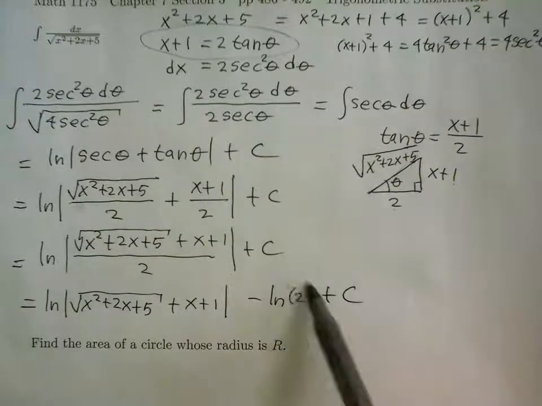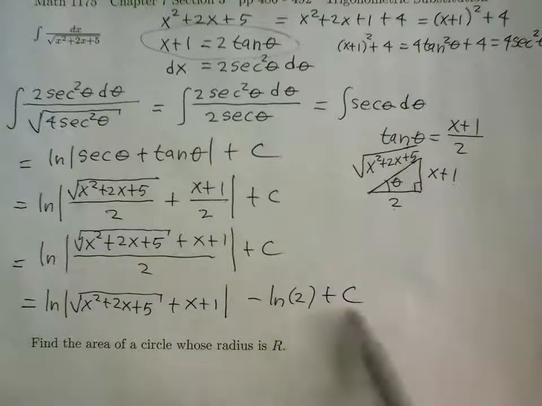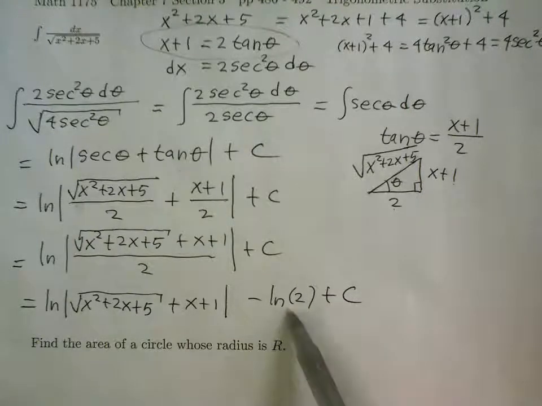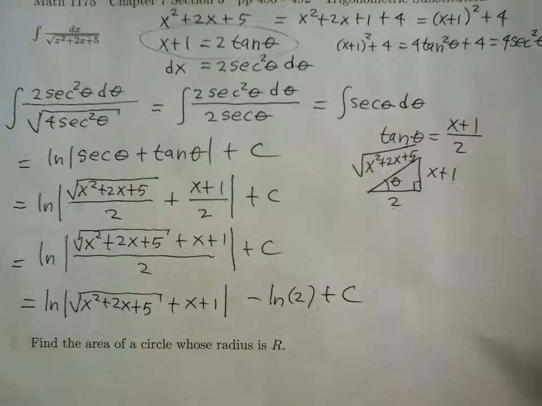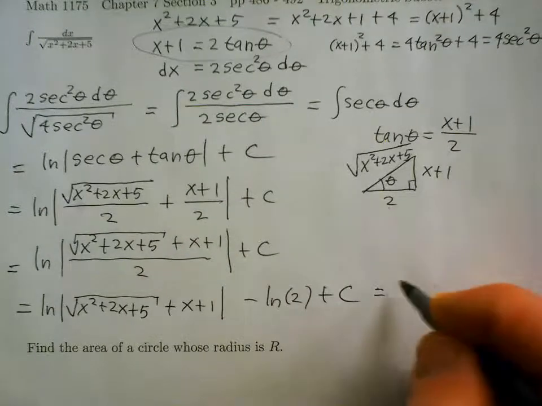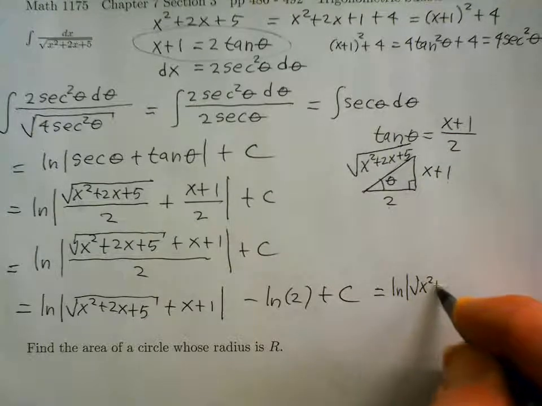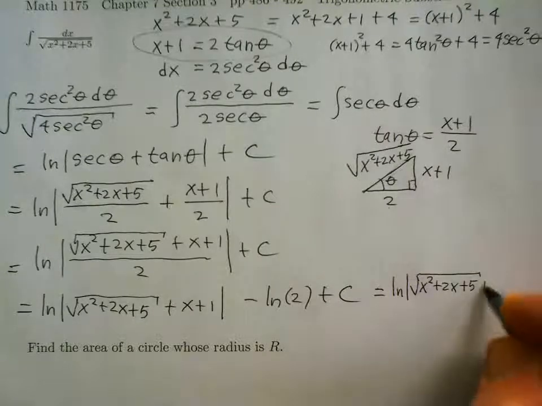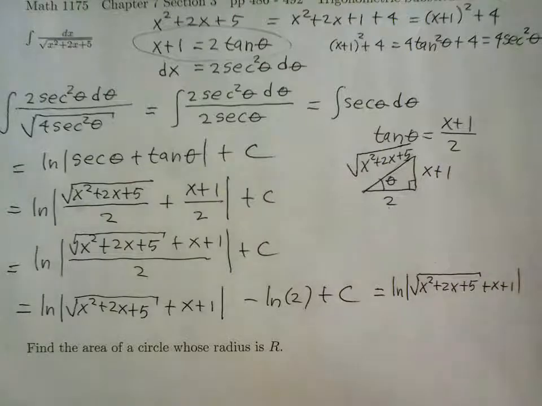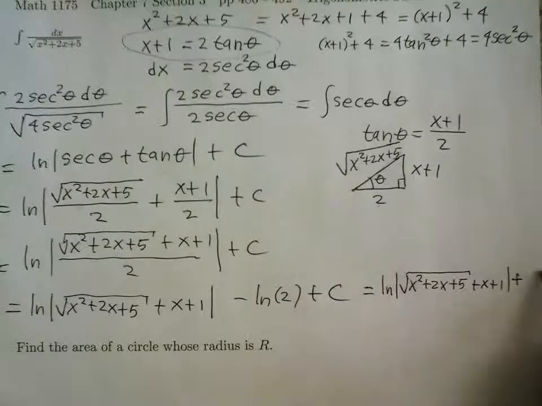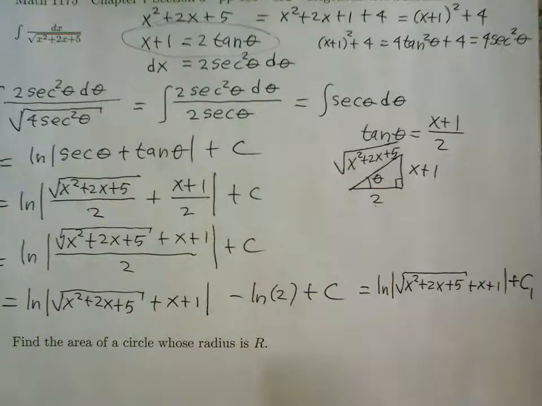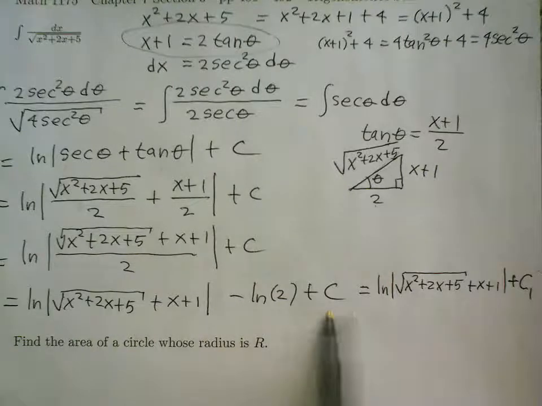The natural log of 2 is just a number, so it can be part of the constant of integration, and then write the final result as the natural log of the absolute value of the square root of x squared plus 2x plus 5 plus x plus 1, and then plus, say, c sub 1, where c sub 1 is the constant equal to minus the natural log of 2 plus c.